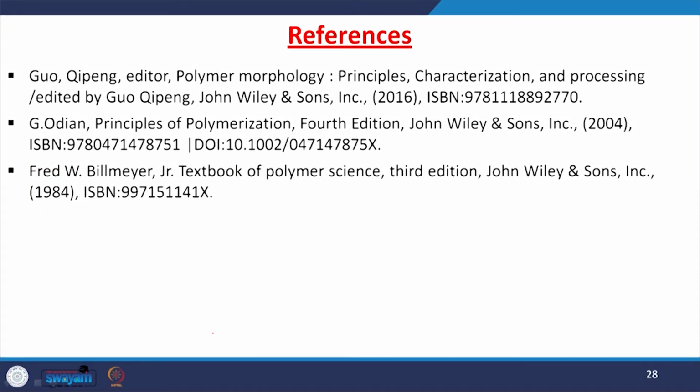So, in this particular lecture, we discussed the morphological issues of polymeric systems, and we gave major impetus to the importance of morphological studies in polymeric systems.